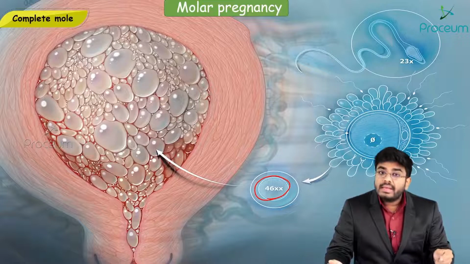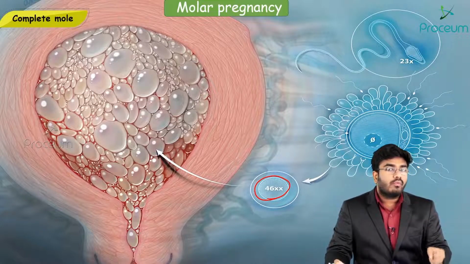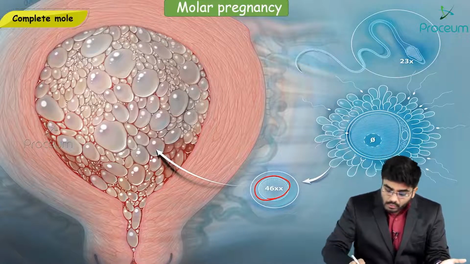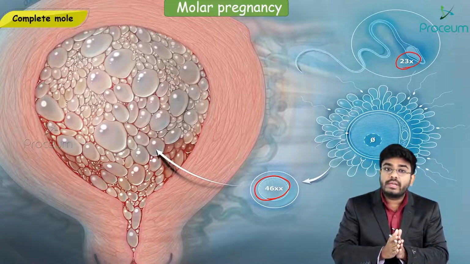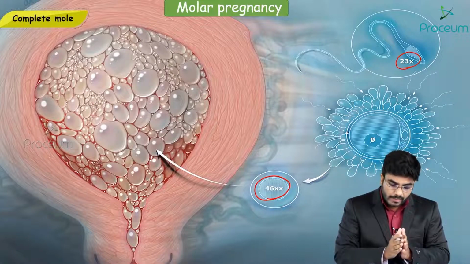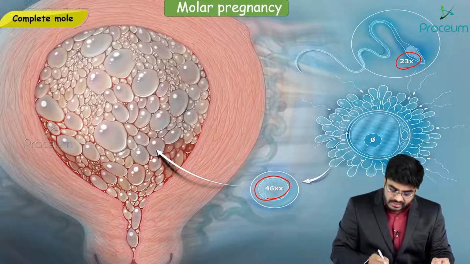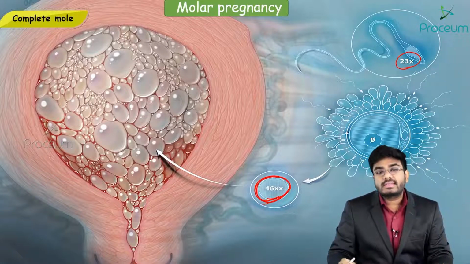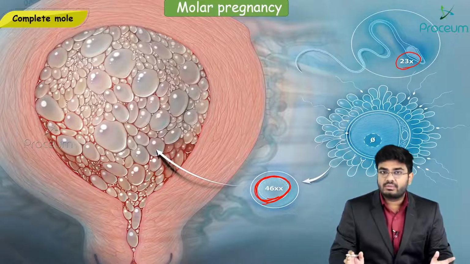Complete mole is such a condition where a sperm fertilizes an empty ovum without any genetic material. Now this paternal genetic material is going to duplicate. This is known as androgenesis. Because of the duplication of the genetic material, you end up with a normal diploid condition. It will be 46XX, the most common karyotype you are going to have.